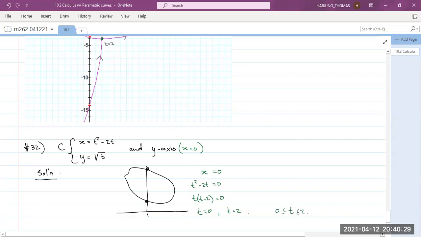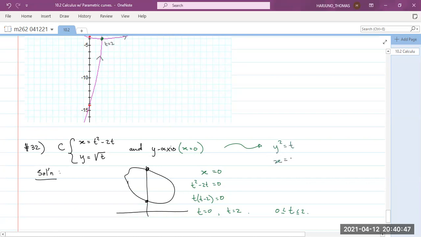Again, I still don't know what the graph looks like though. I can try, it happens to be something where I can eliminate the parameter. So y squared equals t.